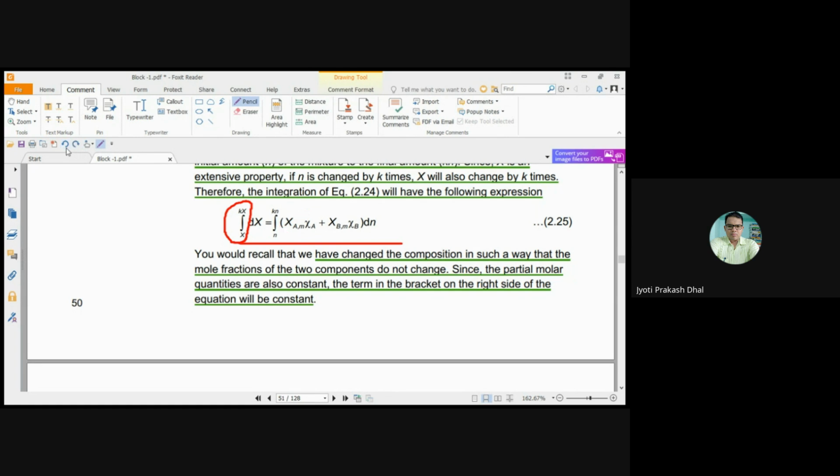We have taken the condition that the mole fraction of A will remain constant and the mole fraction of B will also remain constant.